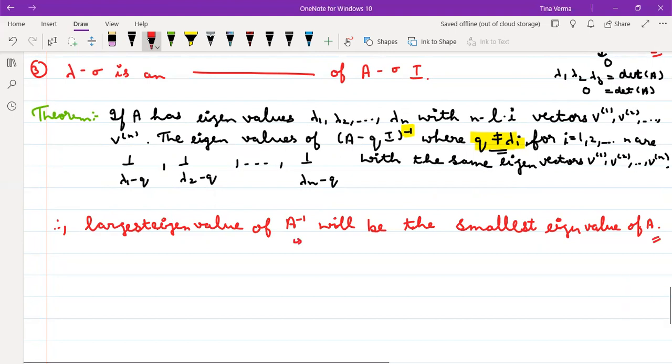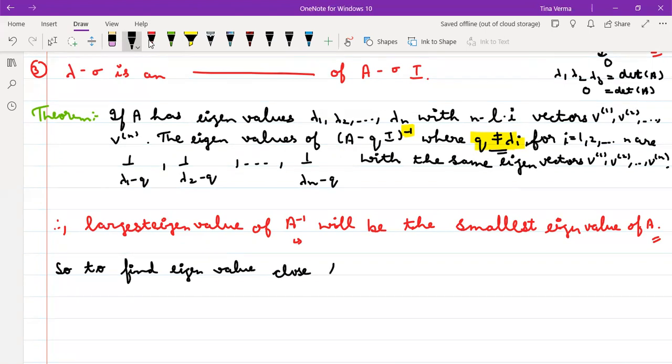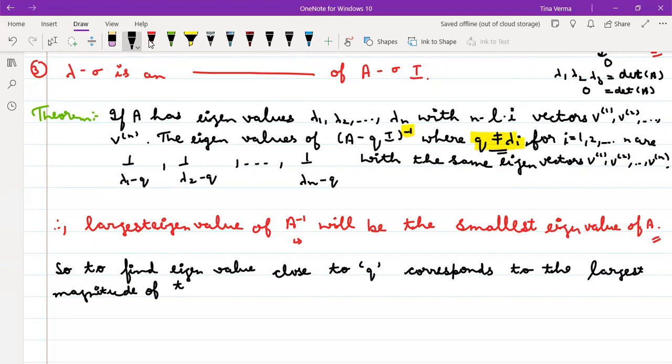So now to find the eigen values close to some number Q, suppose we are saying close to Q, correspond to the largest magnitude of the shifted and inverted matrix, A minus QI inverse.